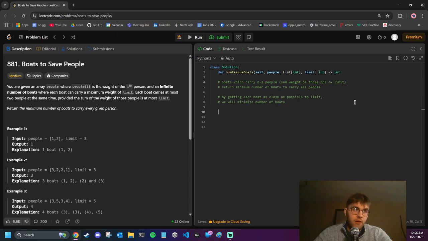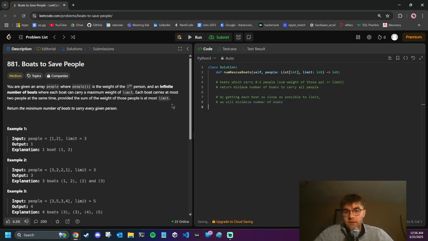And I think that is probably always true, so I'm just going to operate under this assumption for now. So let me think of an algorithm on how we can get each boat as close as possible to the limit.